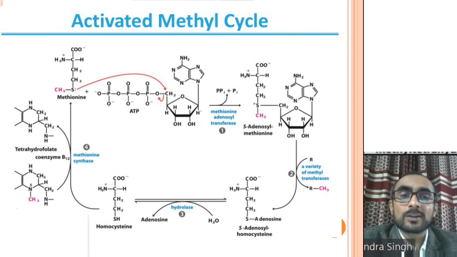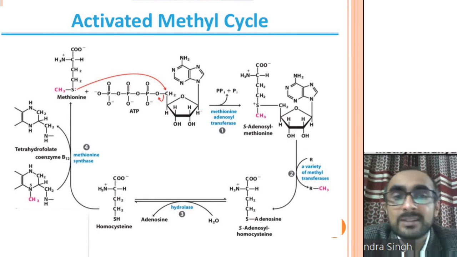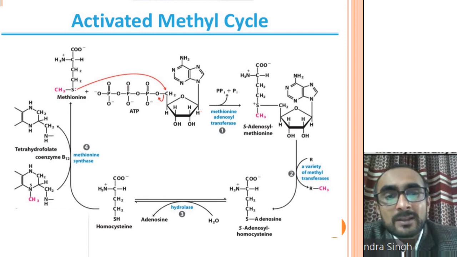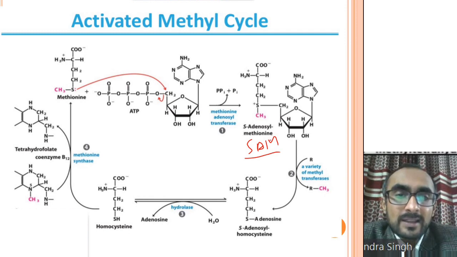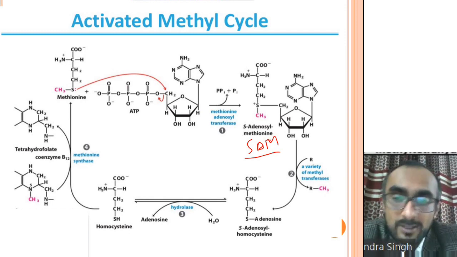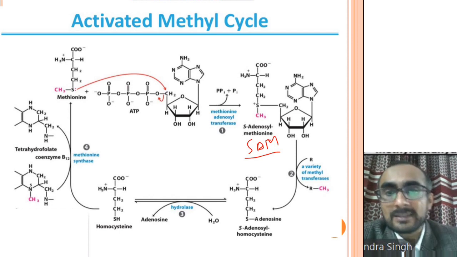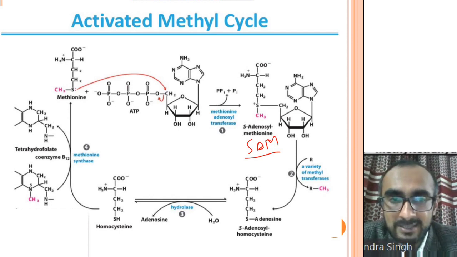Methionine is also converted into a very important cofactor, S-adenosyl methionine, SAM, and this SAM works along with tetrahydrofolate. SAM also works as a very good transporter of one carbon atom in different carbon transferring reactions. So this synthesis of SAM from methionine is called the activated methyl cycle.